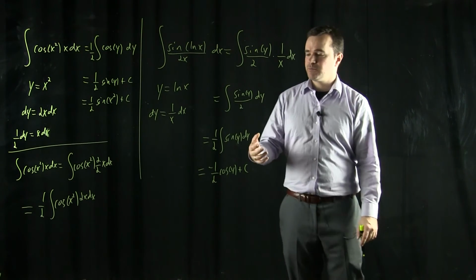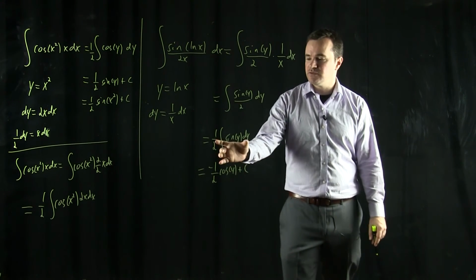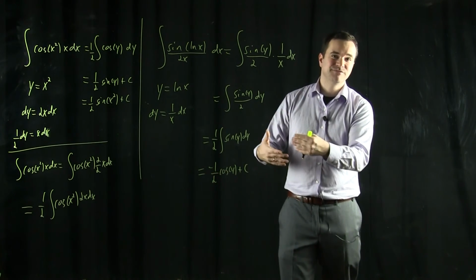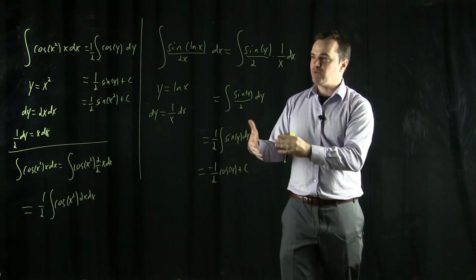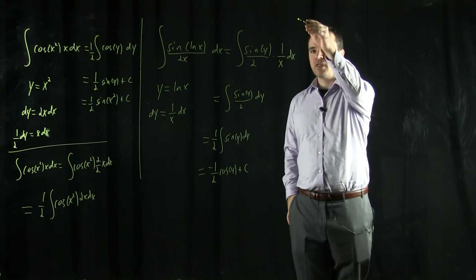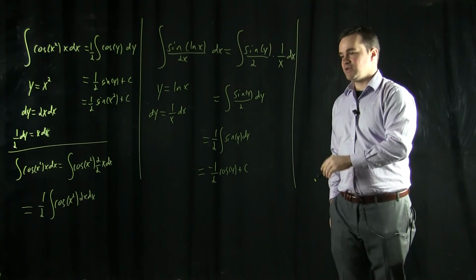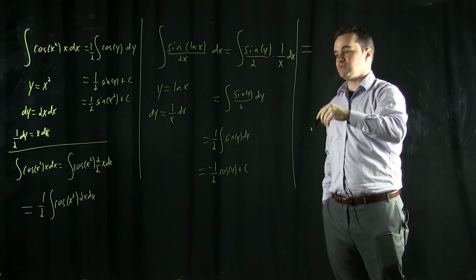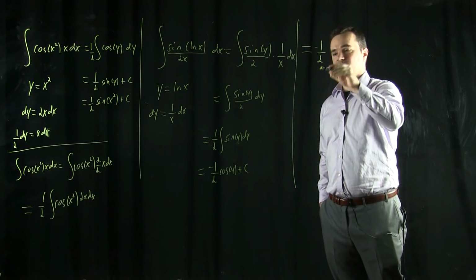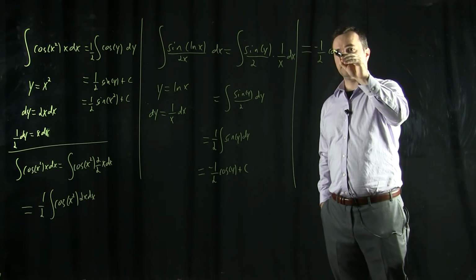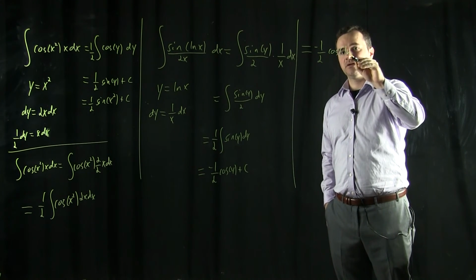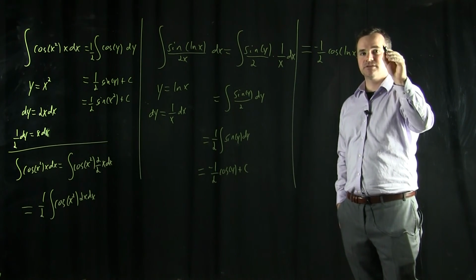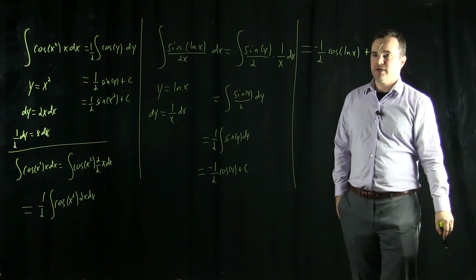The substitution rule process says you can do this and get this result, but then you have to go back and unsubstitute, replacing y with what it's equal to. So this expression is now equal to minus 1/2 of cosine of natural log of x plus some constant of integration.